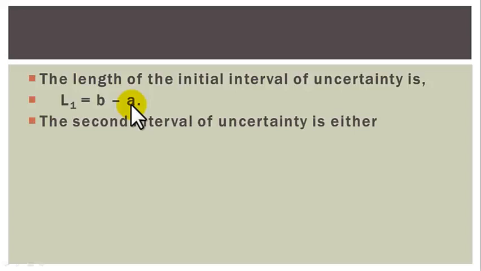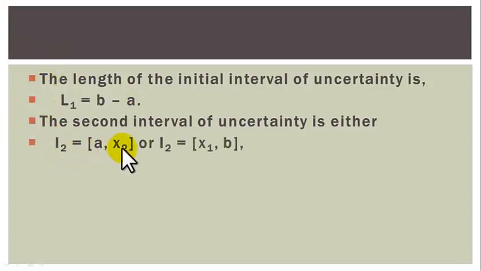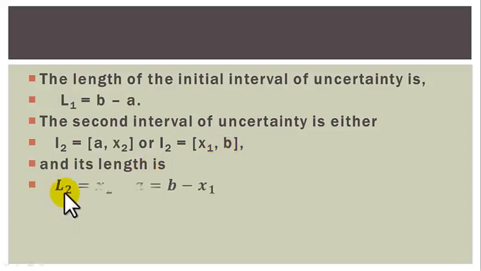The second interval of uncertainty will therefore be either I2 equals the interval from A to x2, or the interval I2 equals from x1 to B. And the length of this interval is L2 equal to x2 minus A or B minus x1.